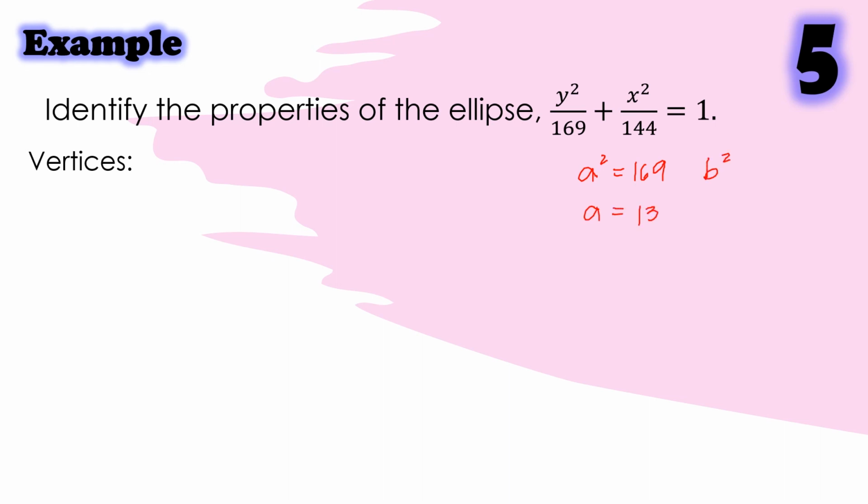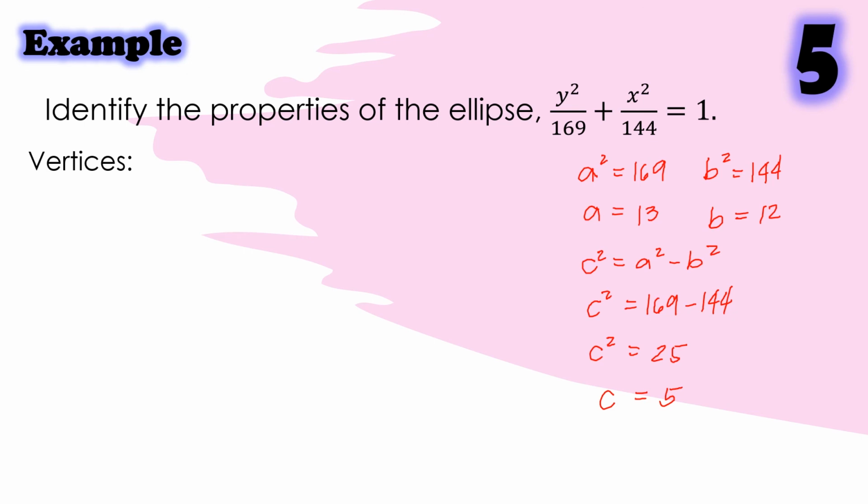We have b squared equal to 144, then b is equal to 12. From the relation c squared is equal to a squared minus b squared, c squared is equal to 169 minus 144, then c squared is equal to 25, and getting the square root of both sides, we have c is equal to 5.